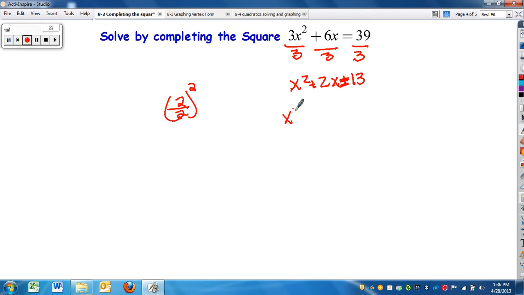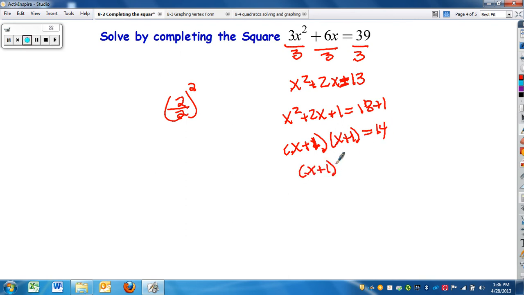So I get x squared plus 2x plus 1 equals 13 plus 1. I'm adding to both sides to balance my equations. Factor: x plus 1 squared equals 14.